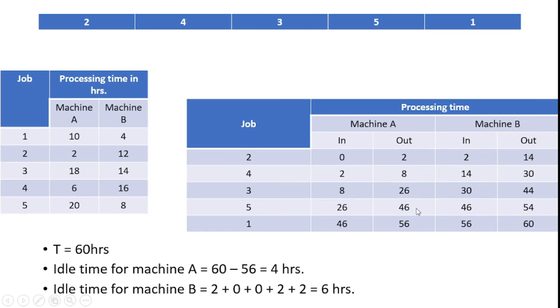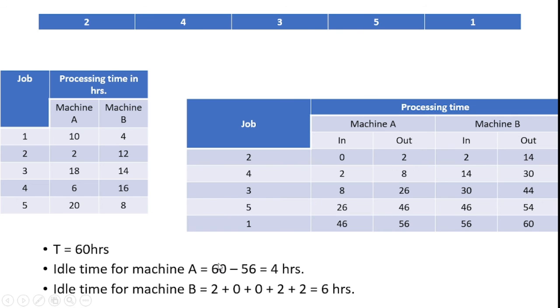So the idle time is available with the machine A also. How can I identify the idle time of machine A? From 60 minus 56. The total elapsed time is 60. The idle time, the waiting time of machine A is 4. How can I get 4? Yes, 60 minus 56, I can get 4 hours.